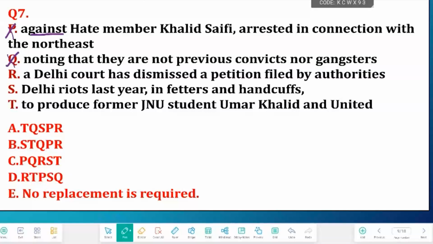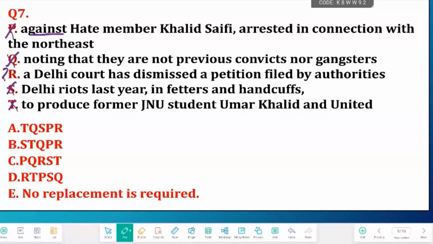A Delhi court has dismissed a petition filed by authorities. This may be our first statement. Let's put a question mark over here. Now, Delhi riots last year in fetters and handcuffs seems to be the end part of some statement. So it can't be our first statement. Eliminate this also. To produce former JNU student. To produce again seems to be a continuation. Can't be a first statement.